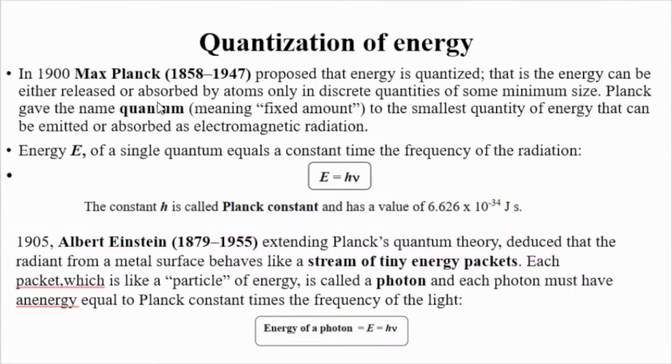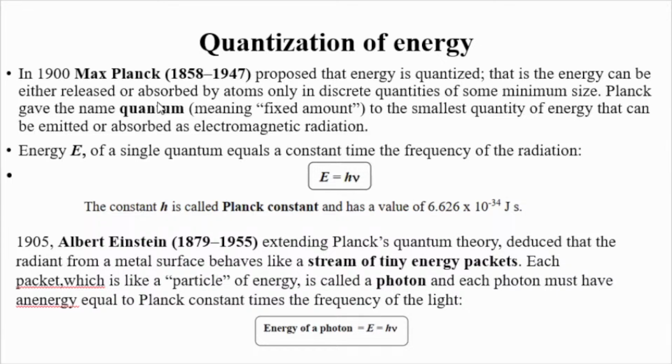energy can be released or absorbed by atoms in some minimum sizes. That means it has a fixed amount. Say for example, if we take a bag and please think that you are filling some powder into that bag, there is a maximum amount.